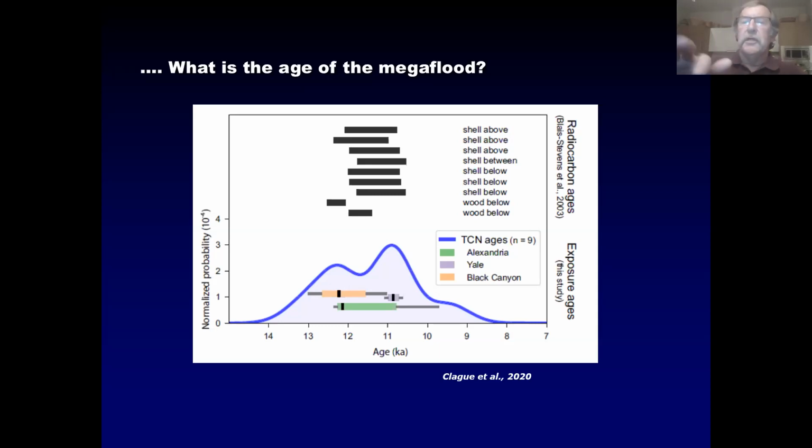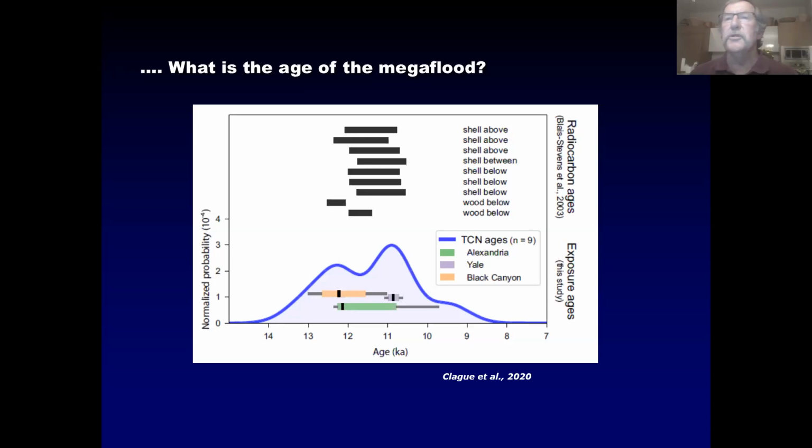One way was Andrée Blais-Stevens had radiocarbon ages of the anomalous gray silty clay beds in Saanich Inlet. She had shells directly above the clay beds, and wood and shells between two clay beds, and shells below the lower clay bed, and also wood fragments below the lower shell bed.